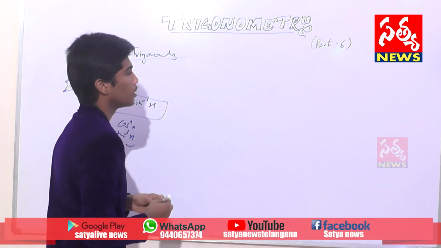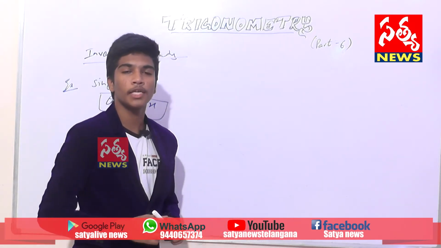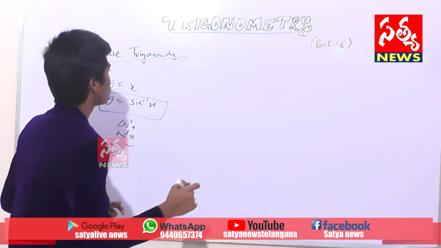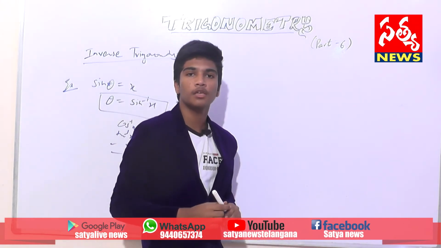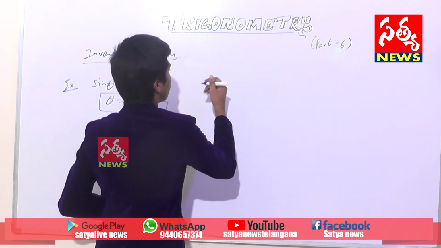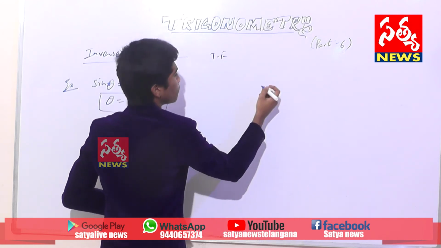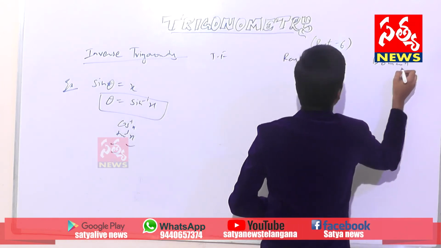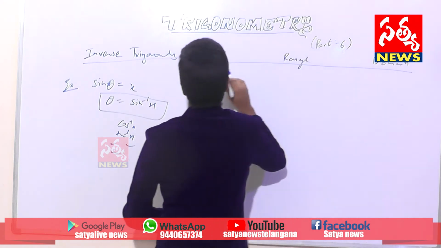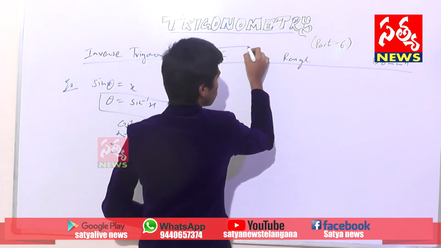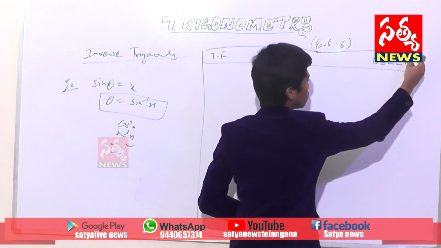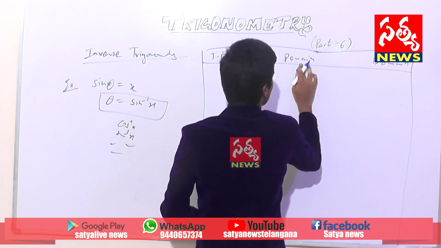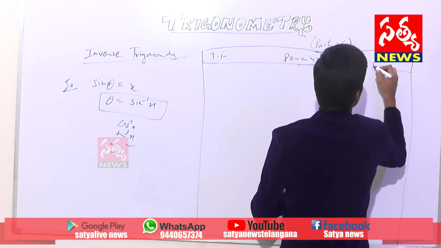And now there is a table which consists of the domain and range of sin inverse of x and all these 6 trigonometric functions. I have given the table in the description. You can check there. And I will write here also: trigonometric function, domain and range.